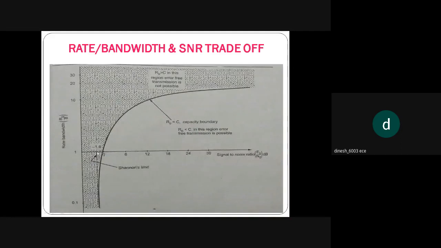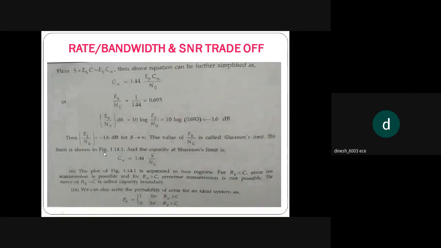Here is your value. The Shannon's limit represents your region of convergence, which is approximately Eb/N0 of minus 1.6 dB.